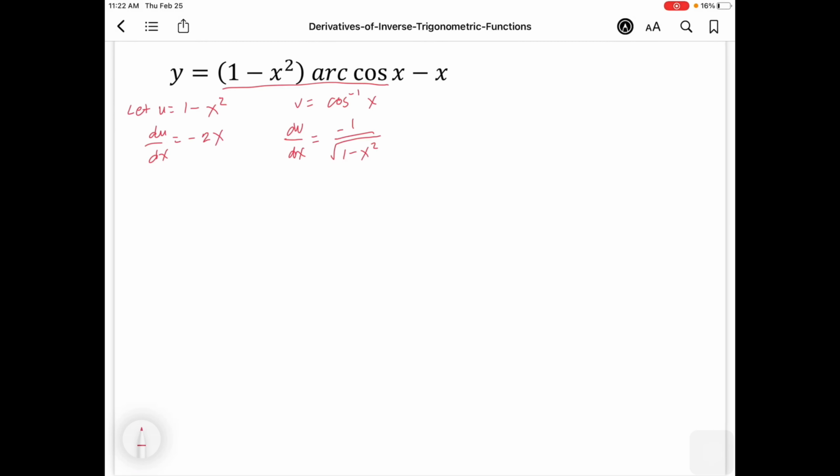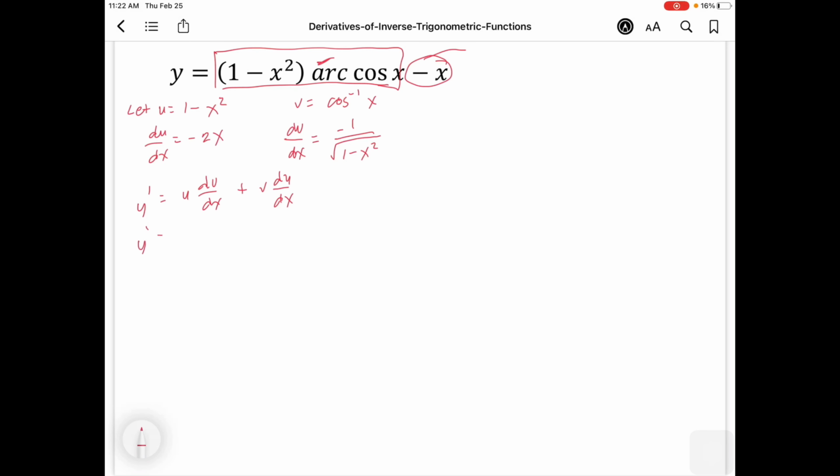So, ito namang negative x na to is hiwalay siya dito sa dalawa na to, which is yung ito is multiplication, ito naman is the subtraction. So magkakaroon tayo dito ng y prime is equal to, yung formula natin is u dv over dx plus v du over dx.